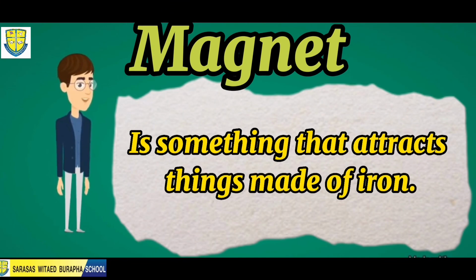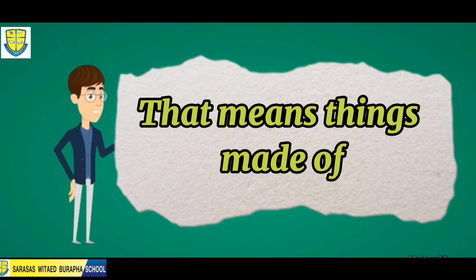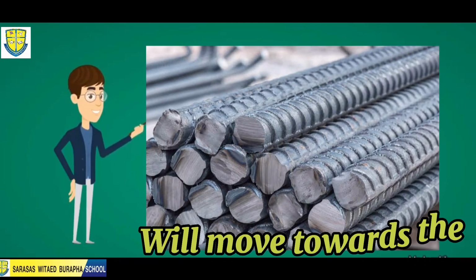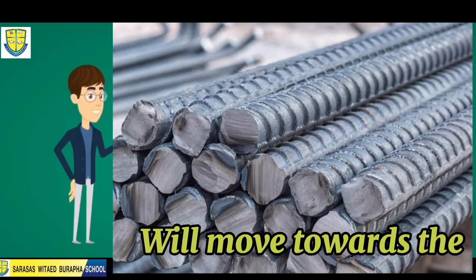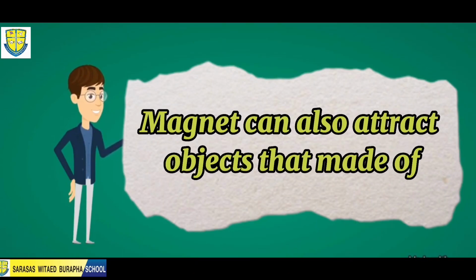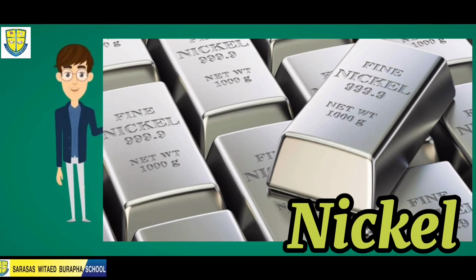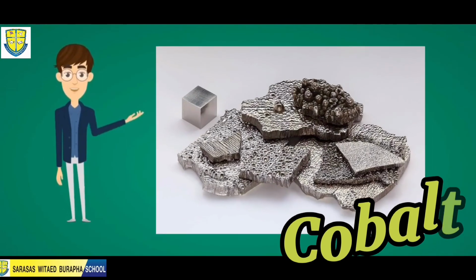Magnet is something that attracts things made of iron. That means things made of iron will move toward the magnet. Magnet can also attract objects that is made of nickel and cobalt.